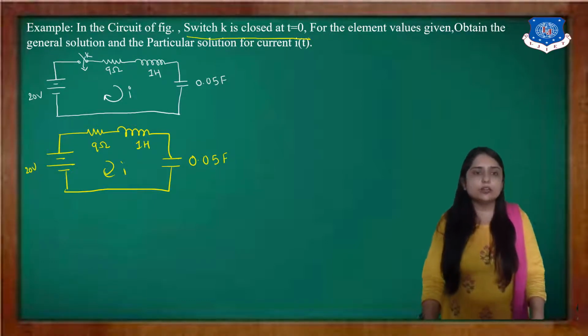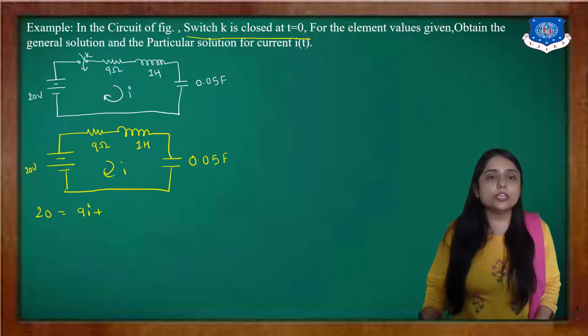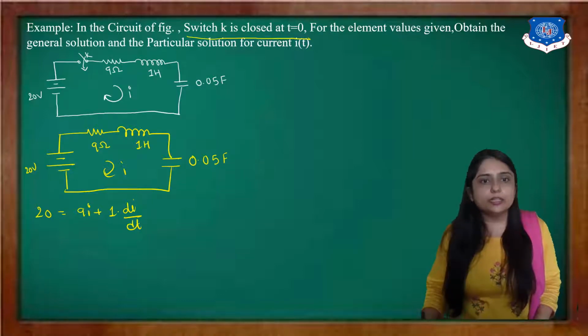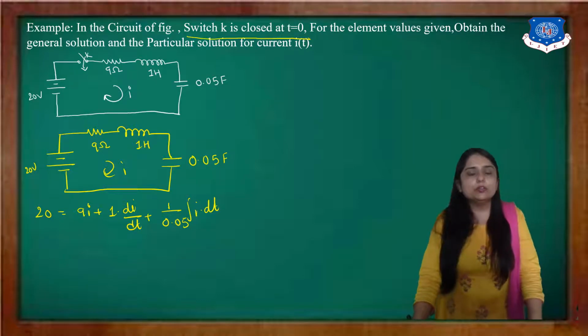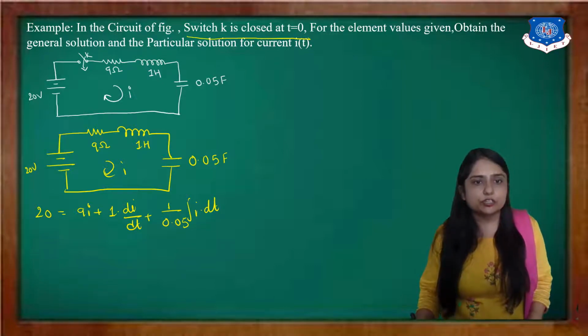Now you just write down the KVL equation. That is 20 equals 9I plus the voltage drop across the inductor, that is L di by dt. So it's 1 di by dt plus 1 upon 0.05 integration of I dt. But we know that in our differential equation we have a double derivative, so I have to differentiate this equation.